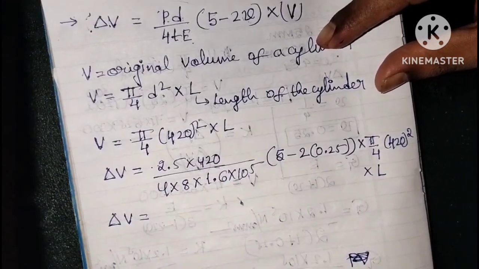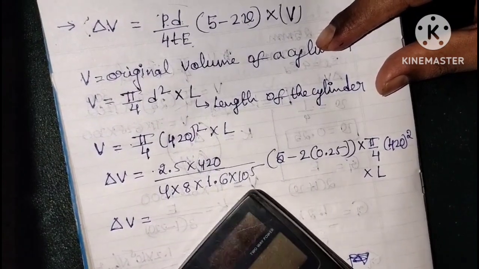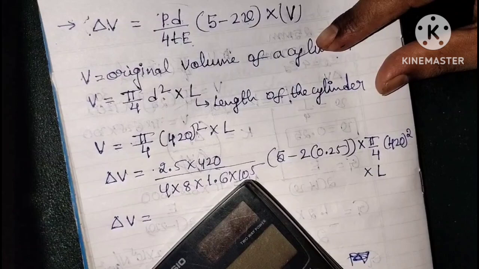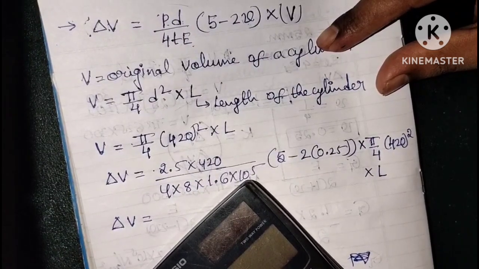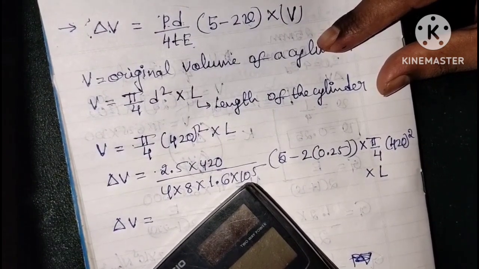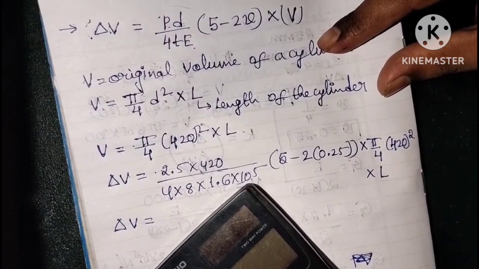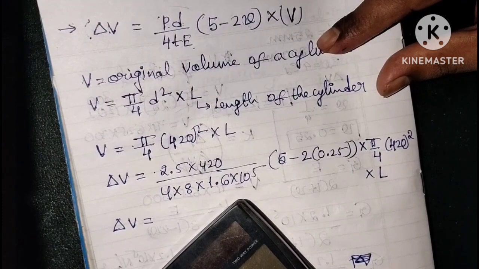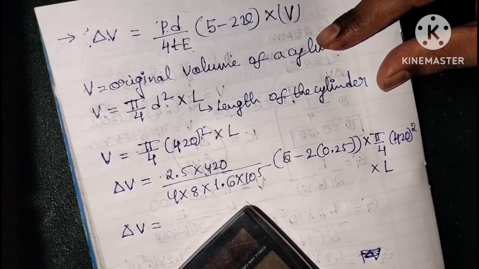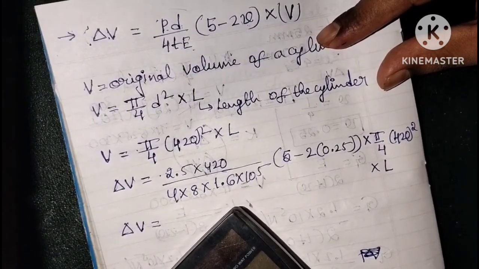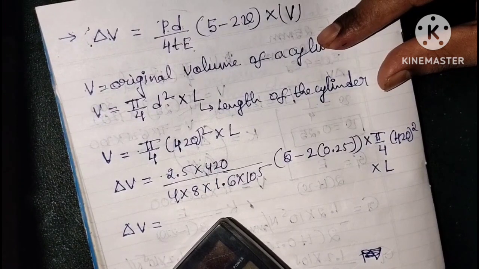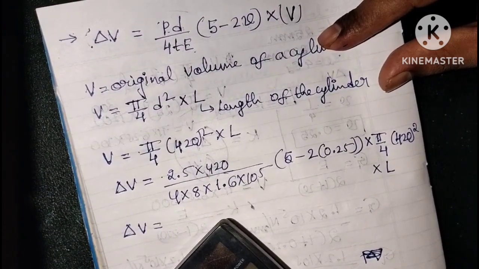So let us simplify all this by using a scientific calculator. 2.5 into 420, divided by 4 8s are 32, into 1.6 into 10 to the power of 5, into 420 whole square into pi by 4, into 5 minus 2 times 0.25, which is 0.5.